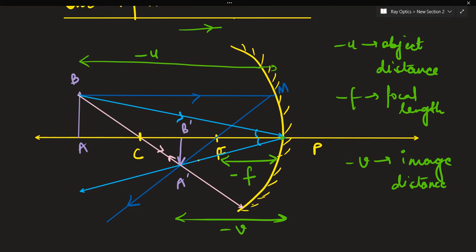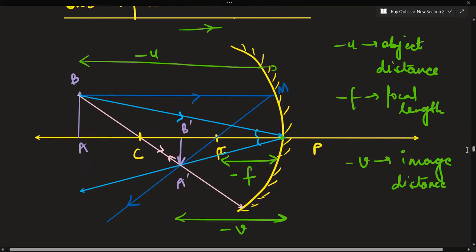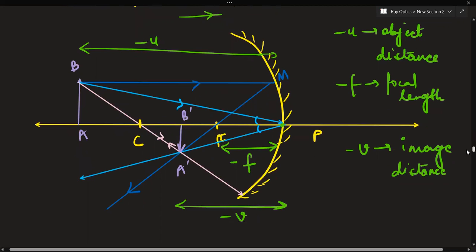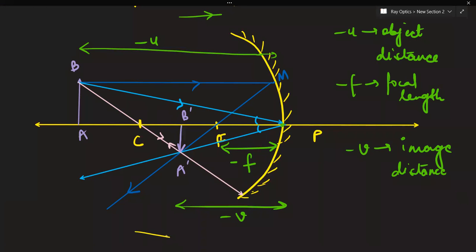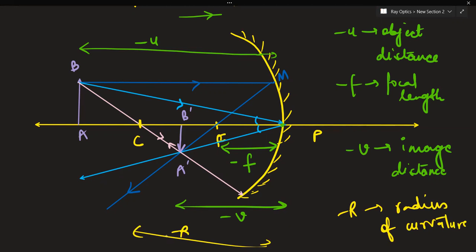It is formed by which? This is the radius of curvature. One thing I forgot to mention: this whole will be the radius of curvature as well, from the center to the pole. This is minus R. Please add this as well. Minus R will be the radius of curvature. So this B dash C will be what? Radius of curvature minus this B dash P, that is the image distance.